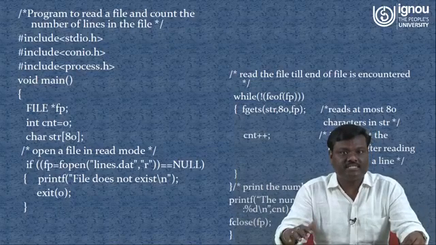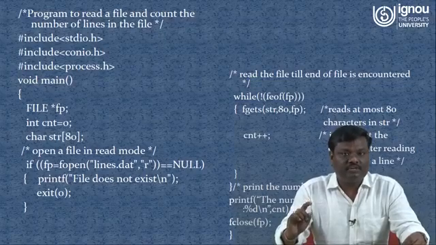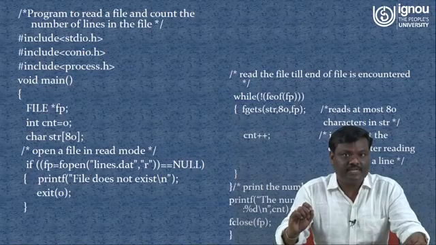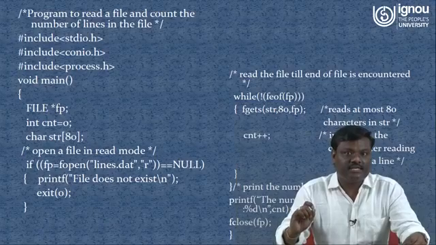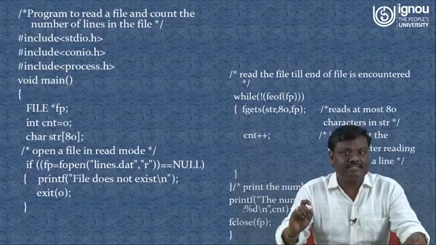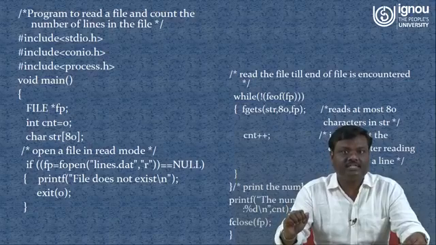If it exists, look here, we have written a while statement: while not end of file, feof within brackets fp. Then fgets, reading string str comma 80 comma fp. It reads at most 80 characters into the string, that is the upper limit that we had given for a line.